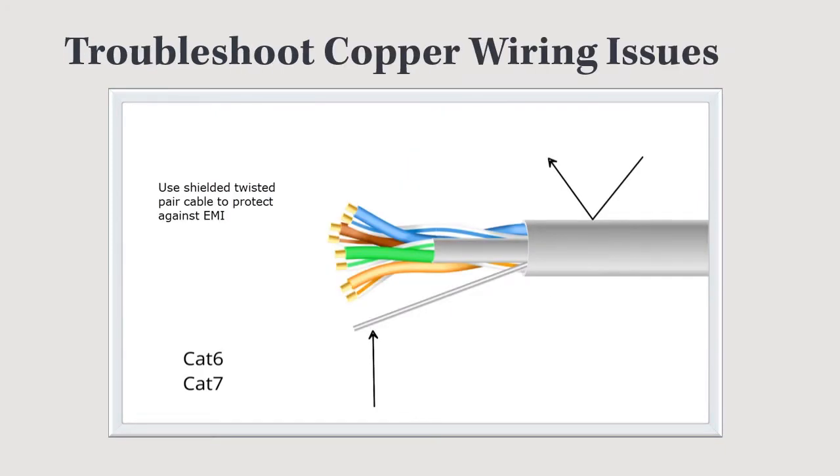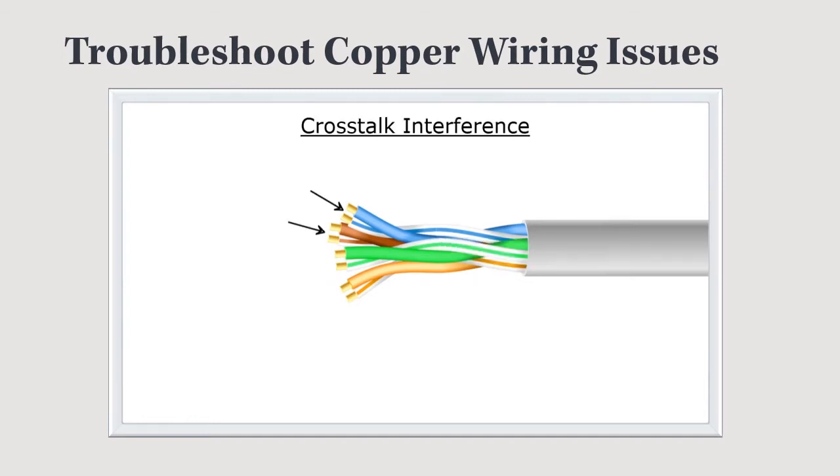Here we can see that additionally, in a Cat 6 or Cat 7 cable, not only do we have the shielding around all of the pairs of wires to help reduce the EMI, but we also have shielding around the individual pairs to help eliminate crosstalk. Remember, crosstalk is interference between the pairs of cables.